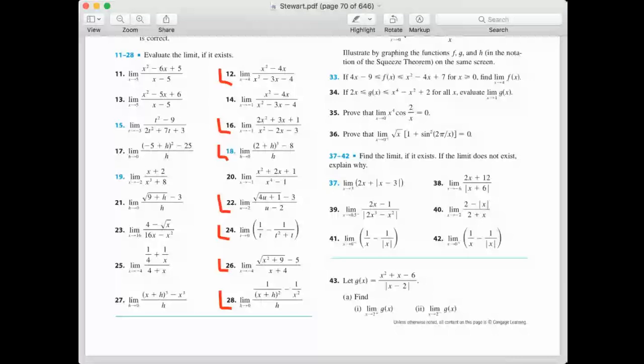And then that should get you negative h times 2x plus h over hx squared times x plus h squared, and then cancel out the h's, get negative 2x plus h over x squared, x plus h squared.